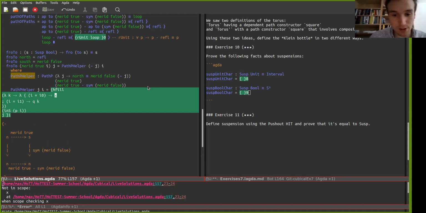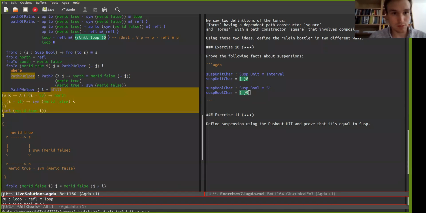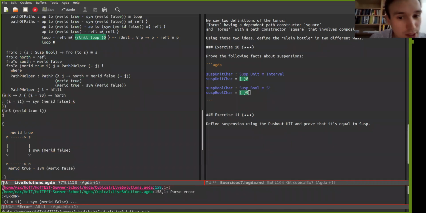X will of course be north. Q will then be... similar. Let's see. No, parse error.